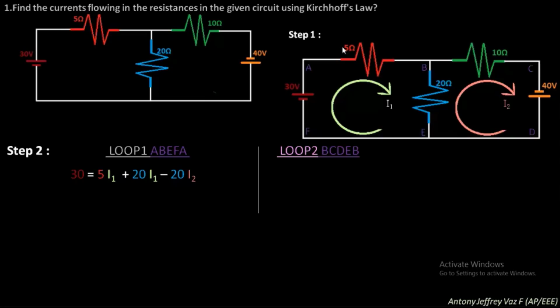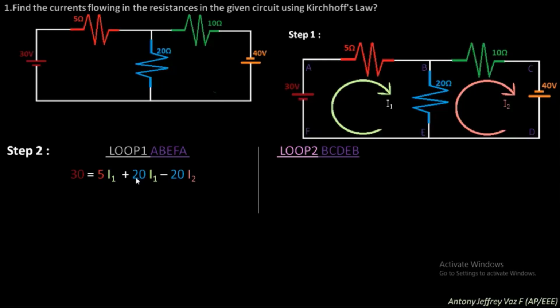We multiply 5 into I1, which is 5 I1, the potential drop, since V equals I into R, where I1 is I and R is 5 ohm. Kirchhoff's voltage law says that the potential rise will be equal to the sum of all the potential drops, so we need to find all the potential drops across the circuit.